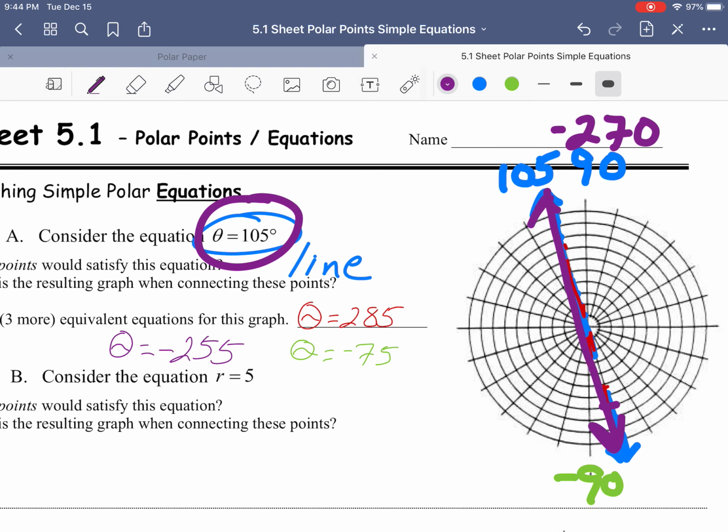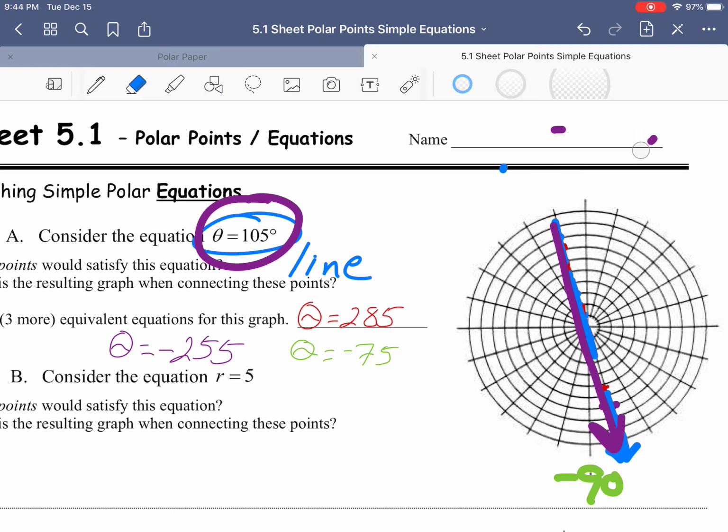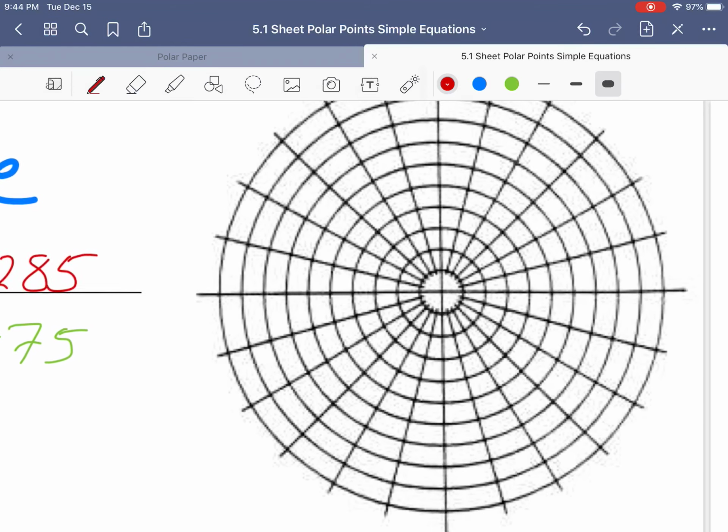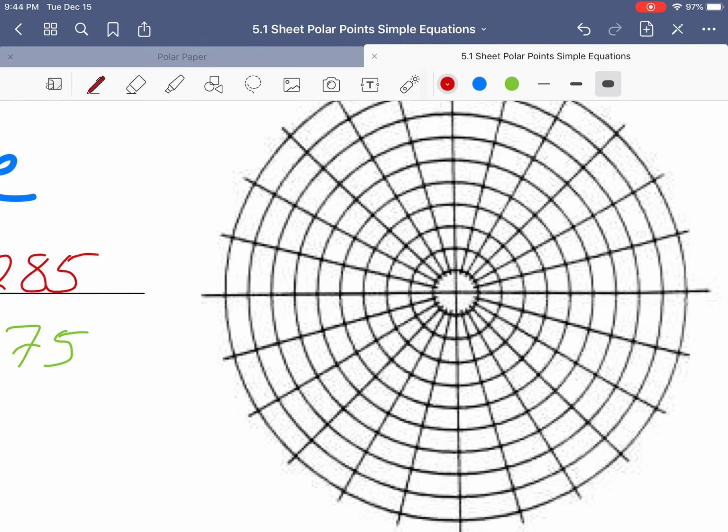How about this other equation down here? Let's get rid of some of this. How about the equation r equals 5? It is also an equation, so that means that it's a collection of points, and we just need some points where r equals 5. Like this point right here. That has an r value of 5, but so does this point and this point and this point. In fact, every point, as I keep working my way around this circle, would have an r value of 5.